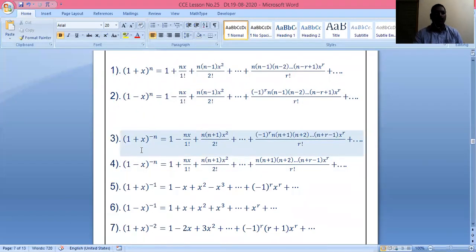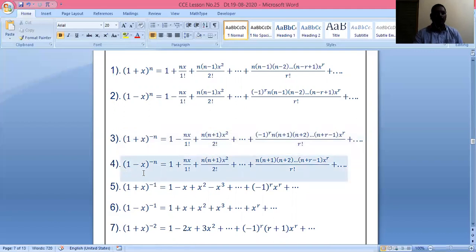Number 3, (1 plus x) to the power of minus n is equal to 1 minus nx by 1 factorial plus n into (n plus 1) by 2 factorial into x square plus up to so on, minus 1 to the power of r into n into (n plus 1) into (n plus 2) up to (n plus r minus 1) by r factorial into x to the power of r plus up to so on.